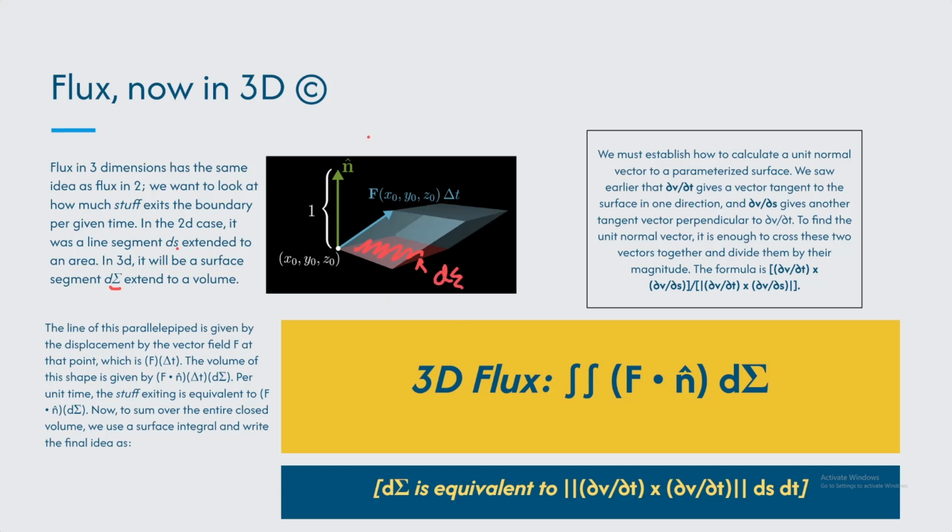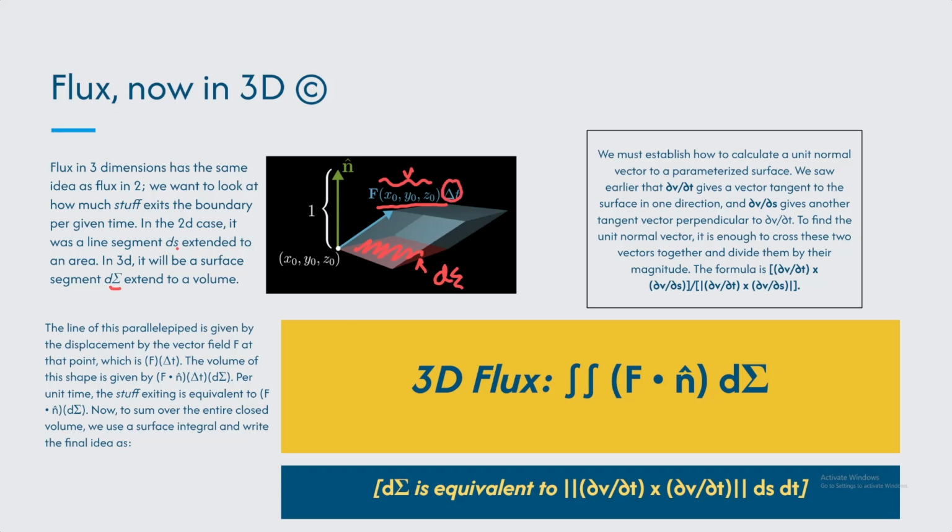We're going to look at the way we calculate the area of a parallelepiped. If you know this from further maths or somewhere else, it's pretty straightforward. This is like our v term from before, the thing exiting out at that point. That's given by the vector field at that time t, and in a short space delta t, how far it's going.